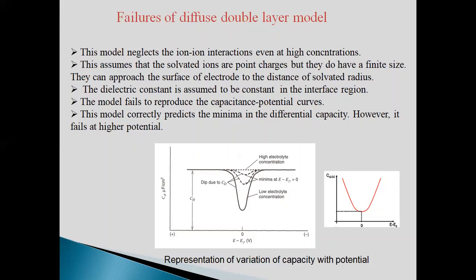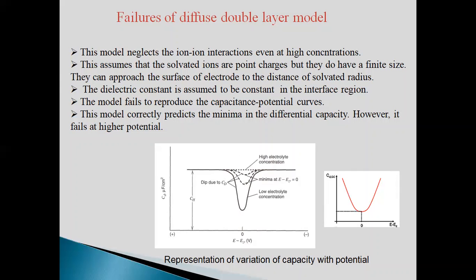As shown here, this model successfully explains the electrocapillary curve at the low value of potential, as can be seen, but it fails to explain the capacity variation at higher value of potential. This is due to the capacitance catastrophe that occurs by assuming that ions are point charges.